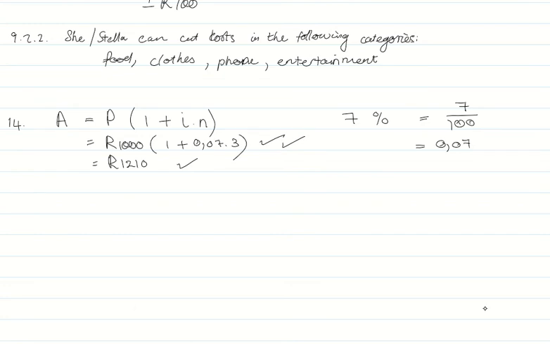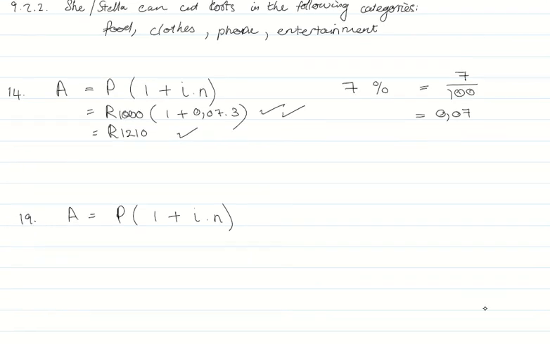So once again I write down my formula: A is equal to P times (1 plus I times N). What is my starting amount? 6,000 Rand. So where is that 6,000 Rand going to go? By P. What else do they give me?